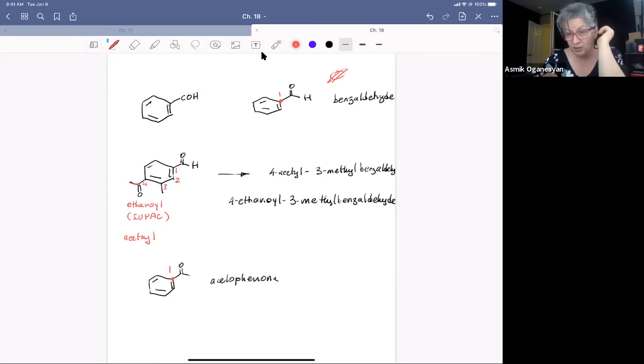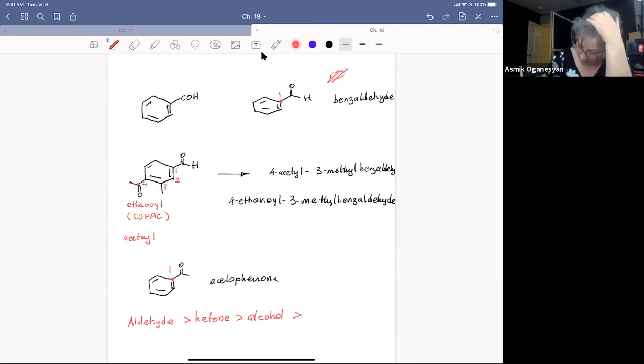Before we leave this page, I want to remind you again of the priority of the functional groups that we know so far, so you will not be making a mistake. So far, based on what we know, your aldehyde comes before ketone, comes before alcohols, comes before alkene, alkyne.